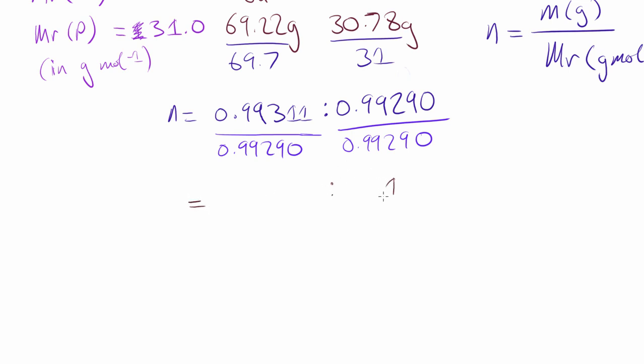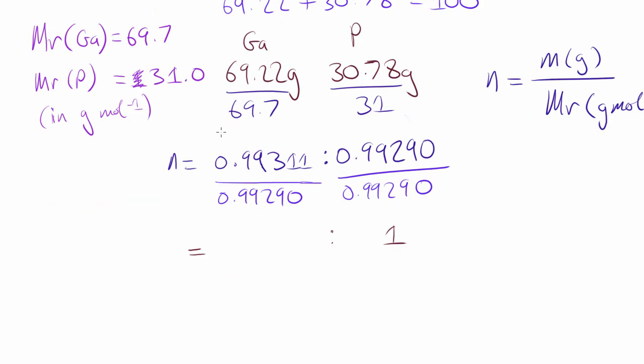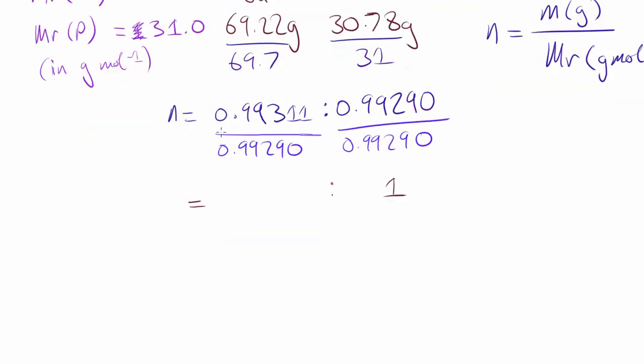So have a go on your calculator to see what you get for the gallium side of things. You should find that if you calculate this, you're going to get 1.00021.